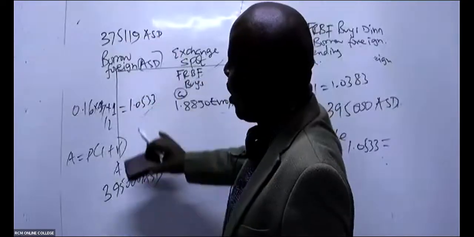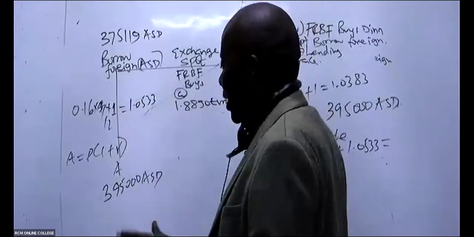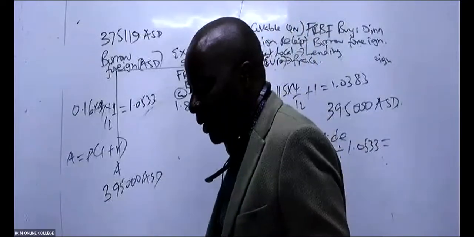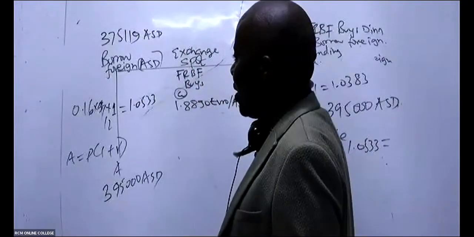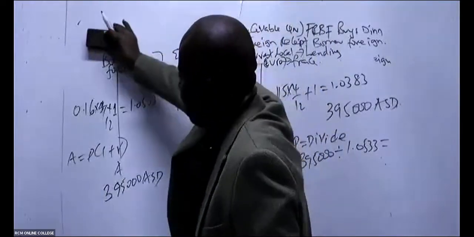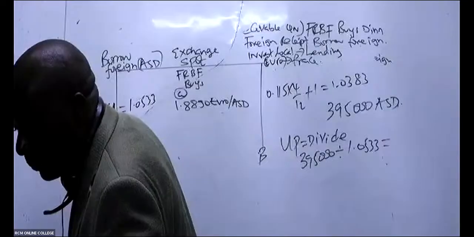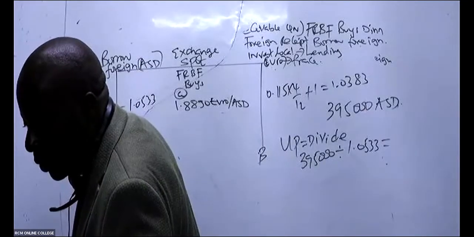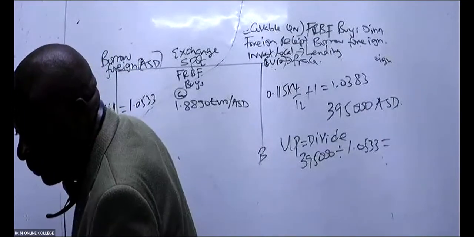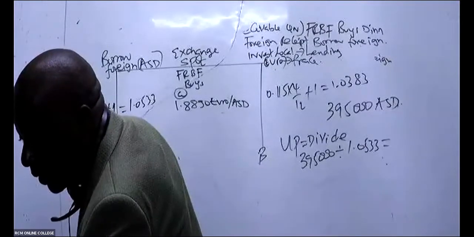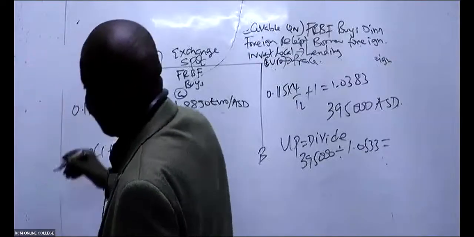Please give me the answer: 395,000 divided by 1.0533. What are we getting here? We are getting 375,012, eh?